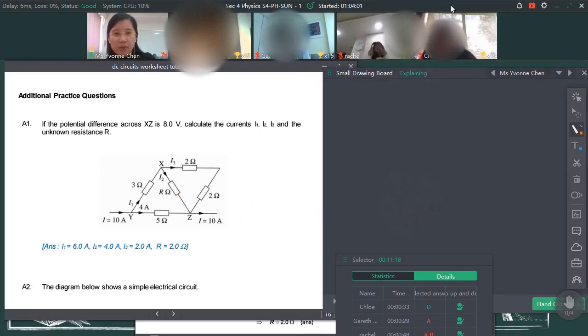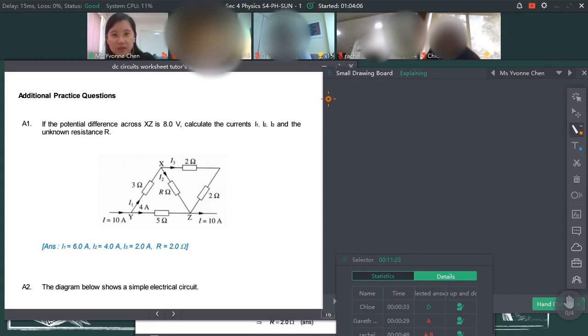Okay, we talk about it later. I think we have to simplify the circuit first. So class, I'll simplify the circuit. There's a 10 ampere current flowing into the circuit at first. You remember just now Chloe said she used 10 minus 4. How does she get 4?